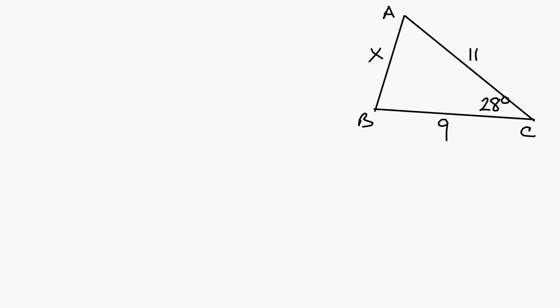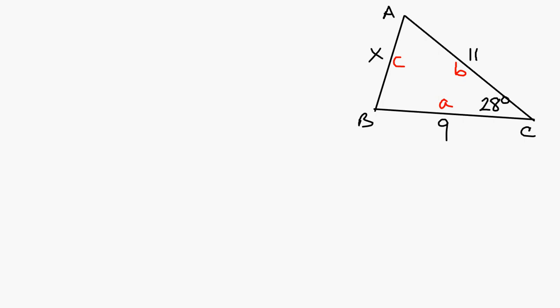The side opposite vertex A is lowercase a. The side opposite vertex B is lowercase b. And the side opposite vertex C is lowercase c. So do you see in this case which variable you're trying to solve for? I know it's an x, but it is side c in relation to the formula.